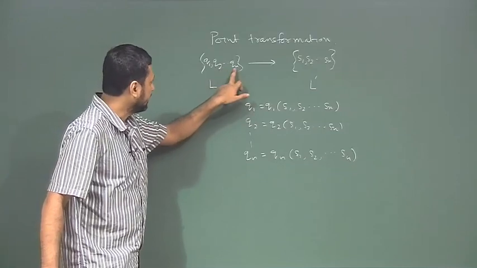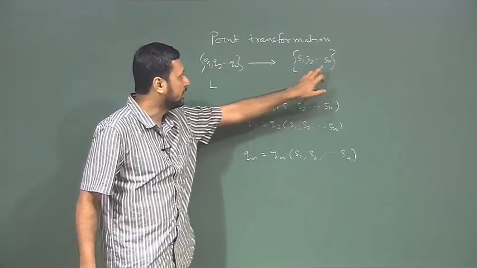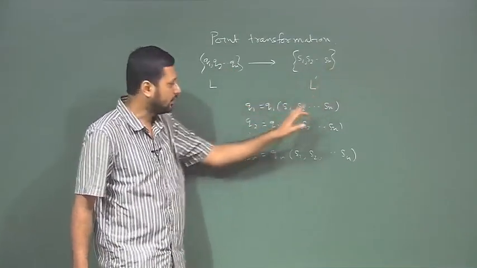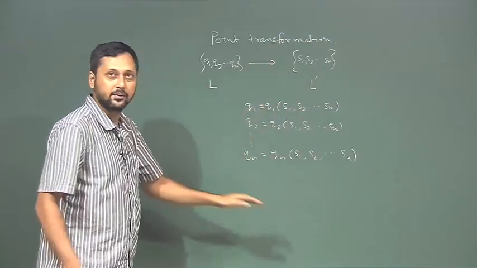So, if we have n coordinates here, there must be exactly the same number here, and they have to be related by this type of transformation equation.